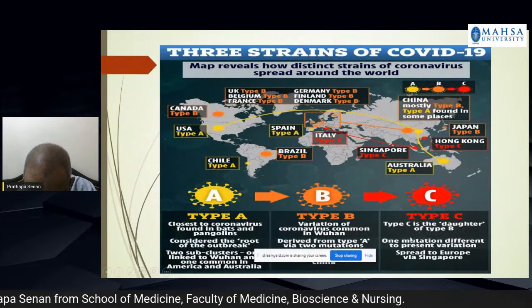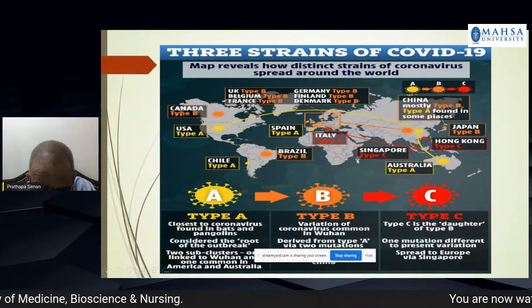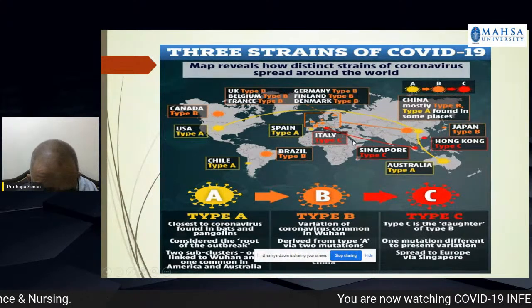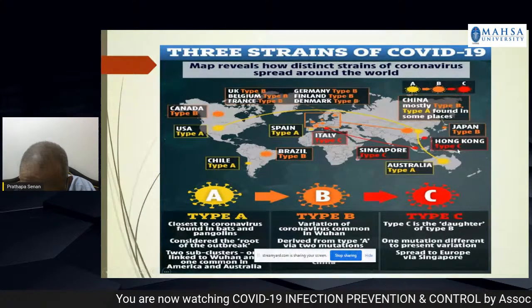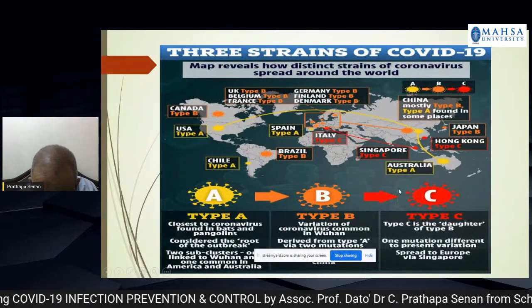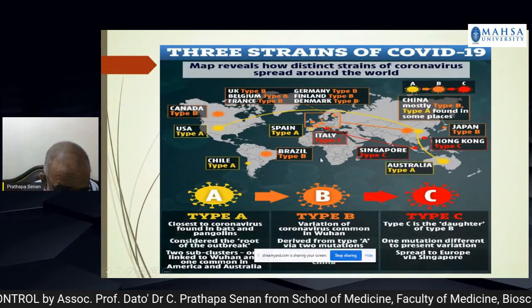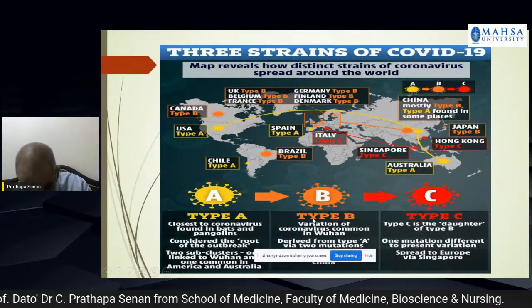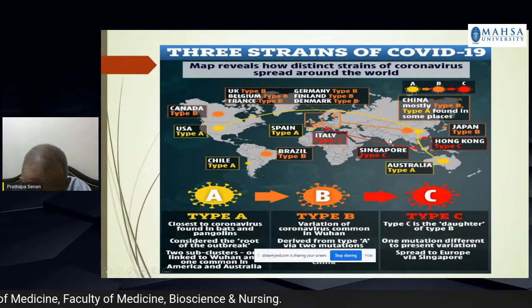And type C is the daughter of type B. C is the one that has come to Malaysia, Hong Kong, and Singapore, and maybe Italy. Then there are some that came from India.